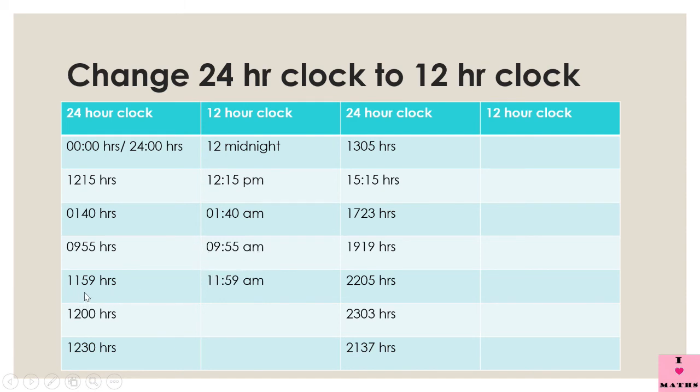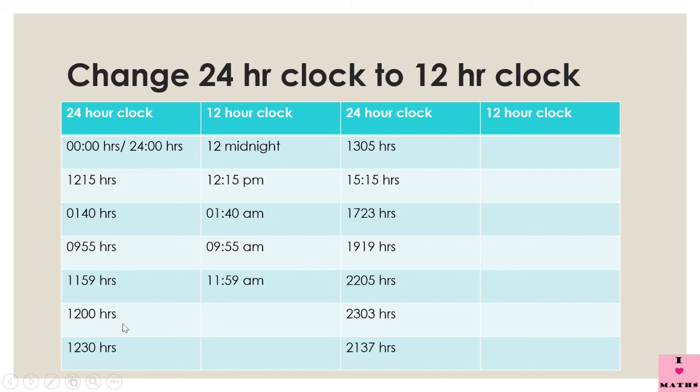Now here 11:59 hours. Now this time is 11:59 AM. Since from 12 midnight to 12 noon we have AM, and this time 11:59 AM is 1 minute less than 12 noon, beta, AM will come with this time.